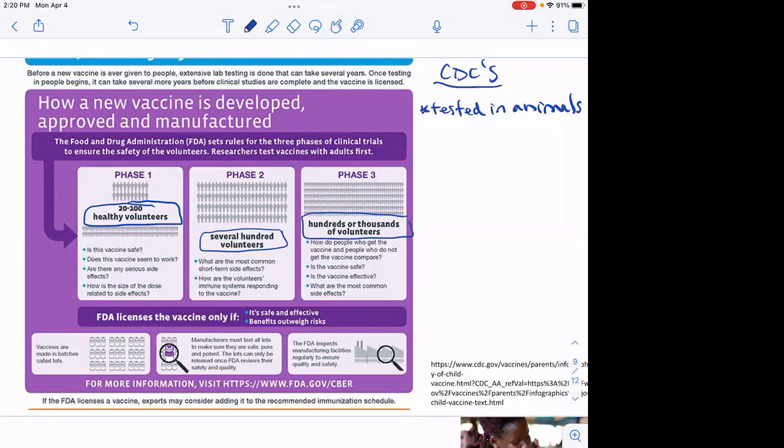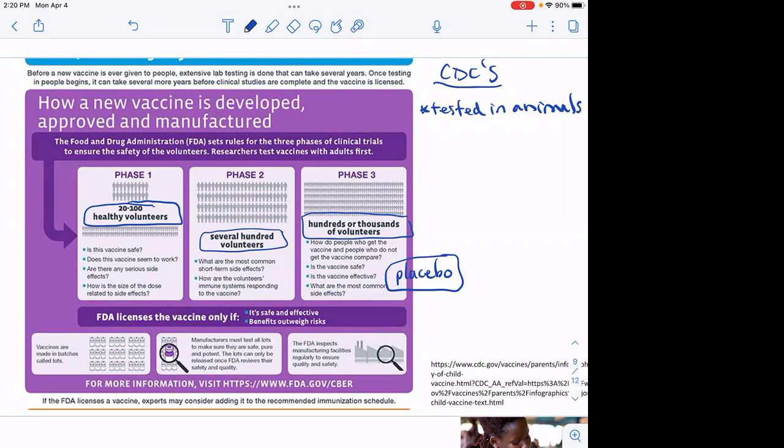I think Pfizer had like 30,000 at least in their phase 3 trial. And of course, some people are going to get a placebo. Okay, they've got to have controls on there so they can understand if it's effective. How effective is it at preventing COVID or whatever disease we're talking about?